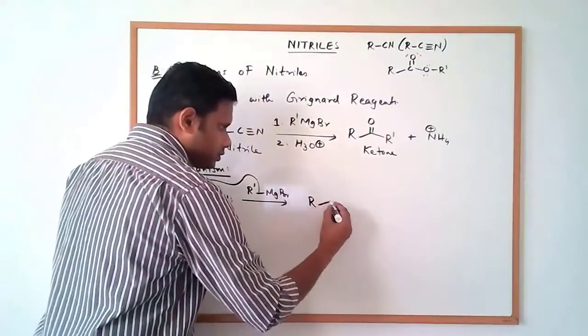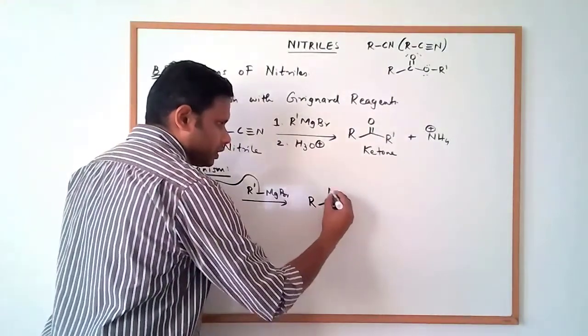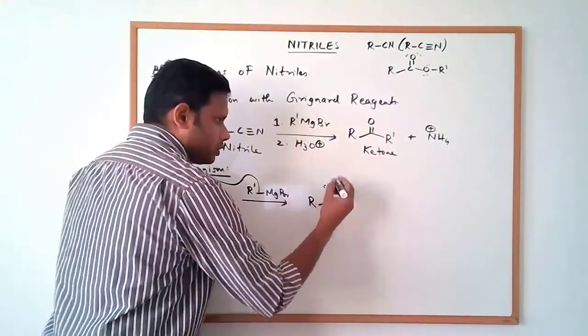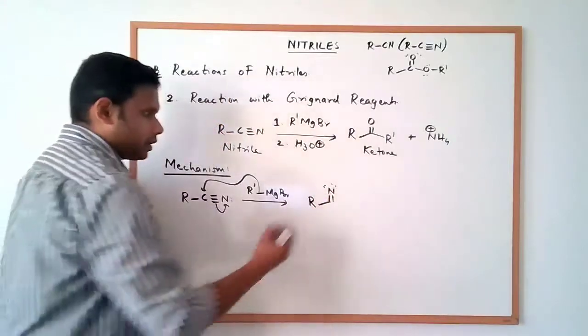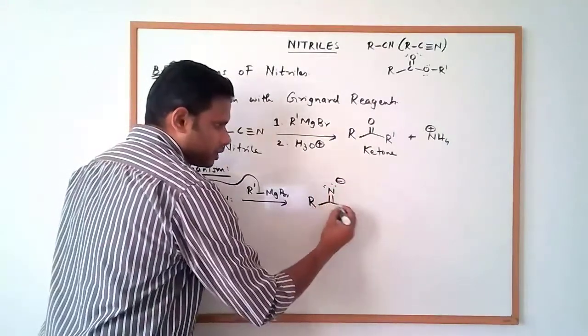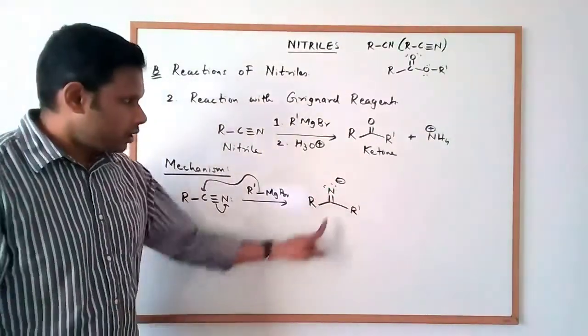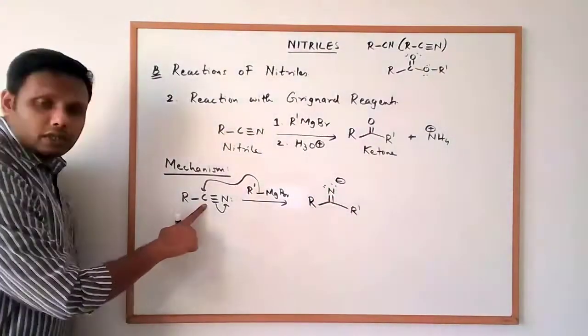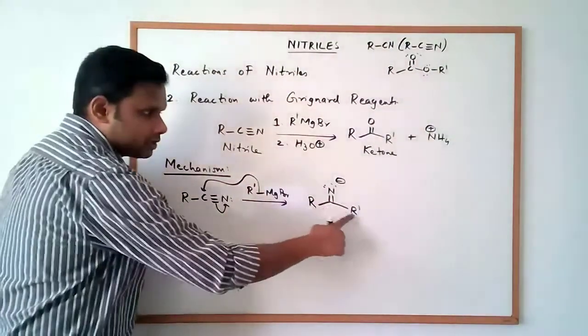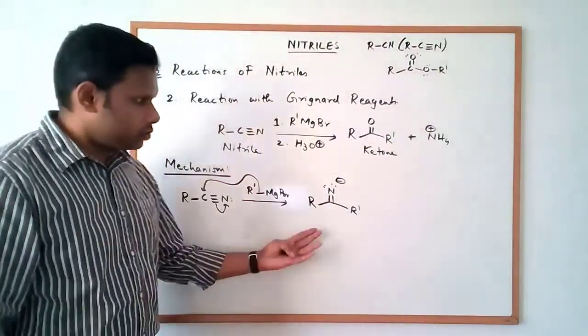And that would bring us to this intermediate where we have the double bond to the nitrogen with two lone pairs on it, which would give it a formal negative charge. And the R prime here is connected to that carbon, what was the nitrile carbon. It has the R prime also connected to it.